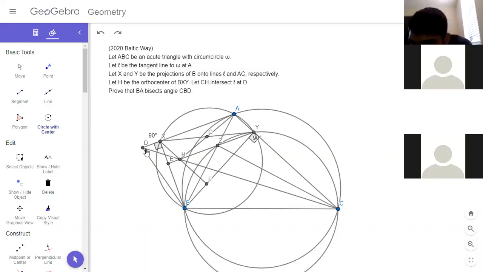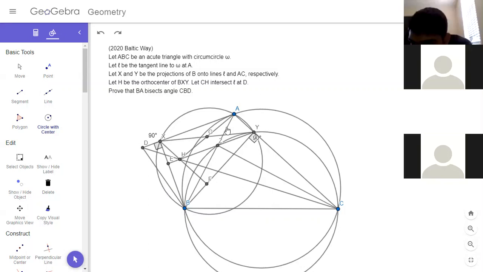Yeah, there's so much going on here. It feels like it has to. Let's see. Yeah, if we can show this angle as angle A, that would solve it.